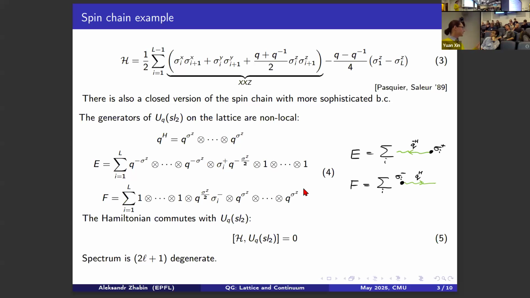One can explicitly check that this Hamiltonian commutes with all the generators, commutes with the quantum group. There are two immediate consequences. The first is that this string of q to the H is now topological, and one can freely move it around. The second is that the spectrum of the Hamiltonian is 2L plus 1 degenerate.